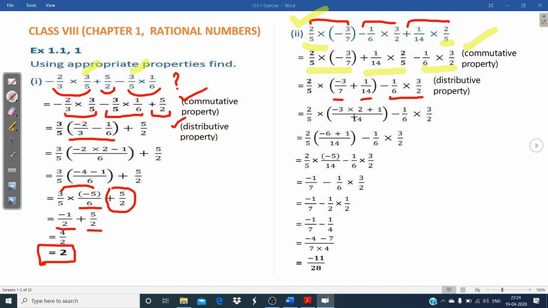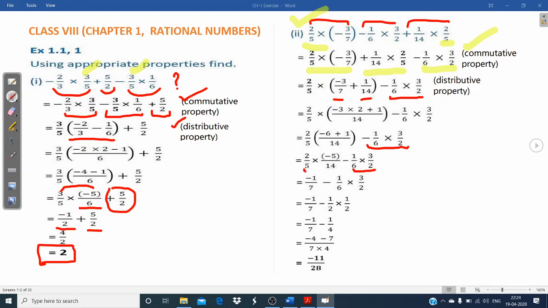For 7 and 14, the LCM is 14. 7 twos are 14, so 2 multiplies by 3, minus 3 into 2, and 14 divided by 14 is 1, so 1 into 1 is 1. In the next step, minus 6 plus 1 is minus 5. So minus 5 by 14, multiplied by 2 by 5, minus this term as it is.